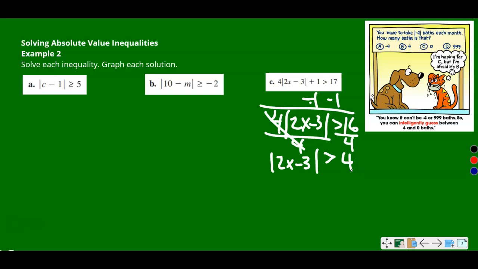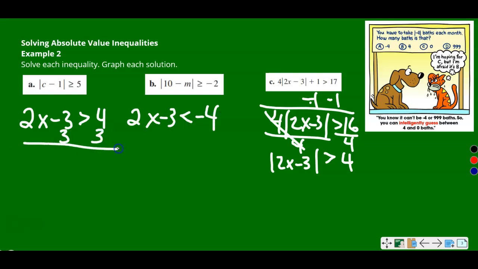Now we have an inequality, and we can set up the absolute value inequality just like we did before. So 2x minus 3 greater than 4, and 2x minus 3 less than negative 4. Add 3, divide by 2, x is greater than 3.5.